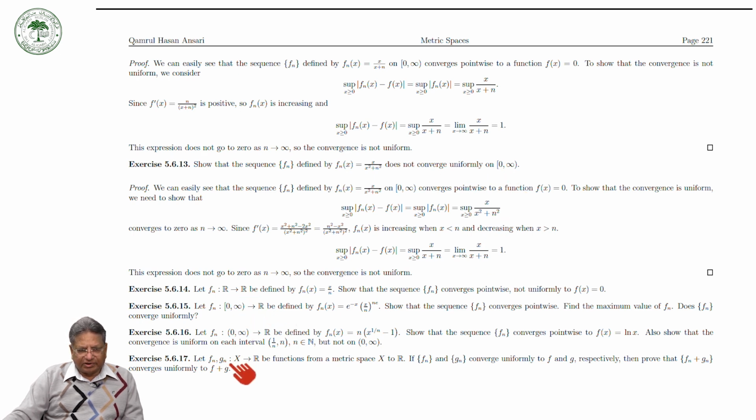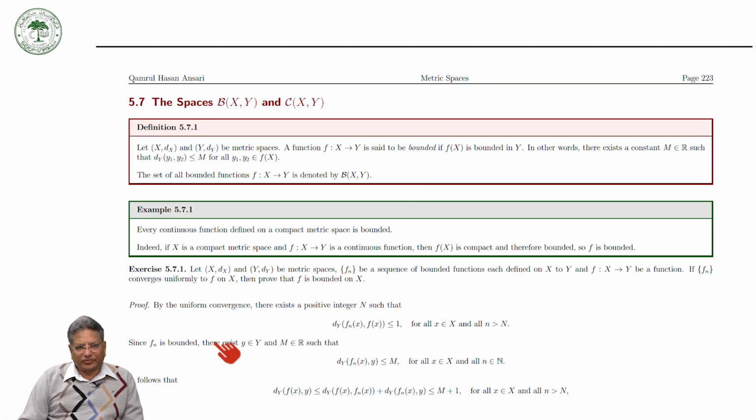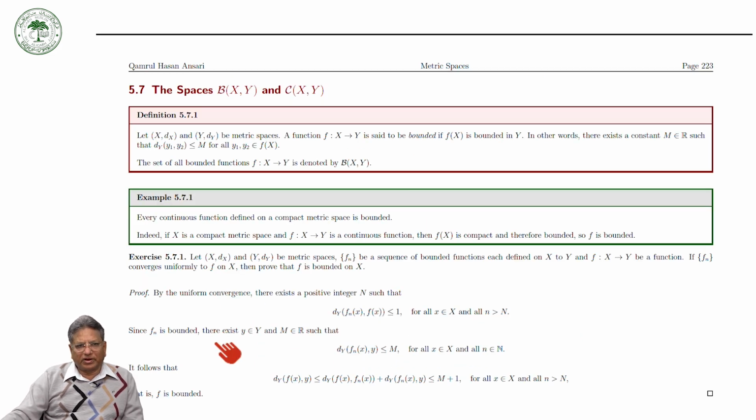And there are several other exercises without proof that you can see. Here again we have another exercise with proof, and these two exercises are without proof. So, I stop over here.